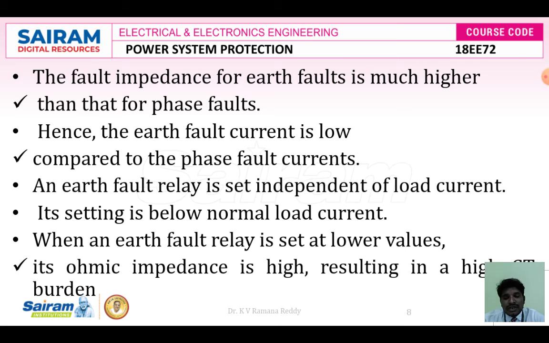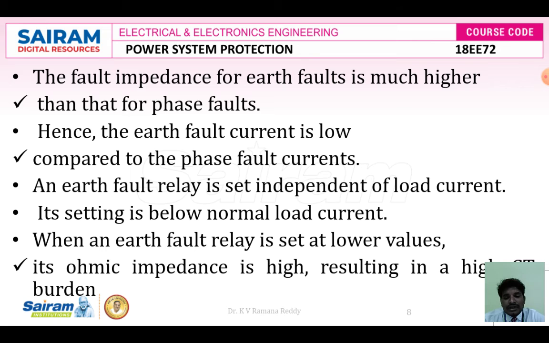If we use an overcurrent relay, the current it senses is also less compared to the phase fault, because in a phase fault the current flowing is very high. Therefore an earth fault relay is set independent of the load current, and its setting is below normal load current.